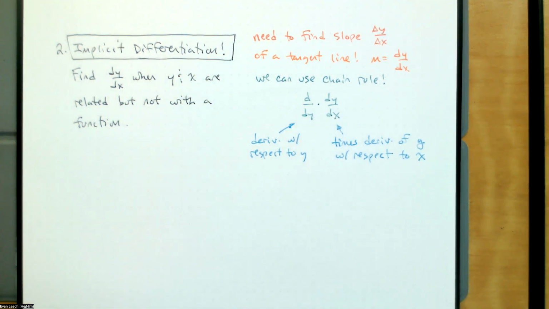This is for when y and x are related, but not when y is a function of x or x is a function of y. This is an important distinction to make because later on you'll be having functions of two variables and the x and y won't be related. So this is when y and x are related.